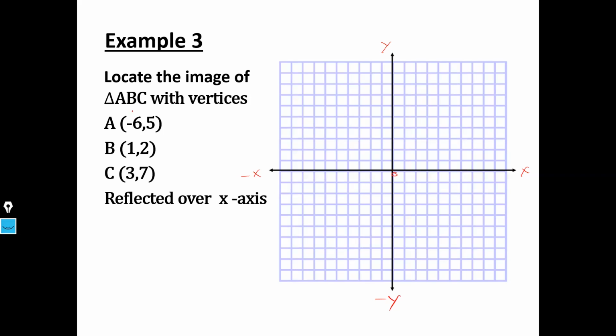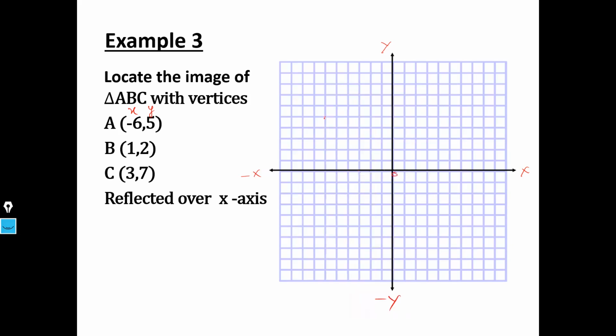Since A has x coordinate -6 and y coordinate 5, we count from the origin to the left because it's -6: 1, 2, 3, 4, 5, 6, then up 1, 2, 3, 4, 5.